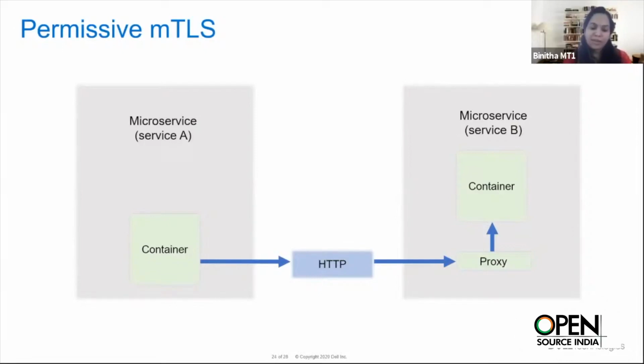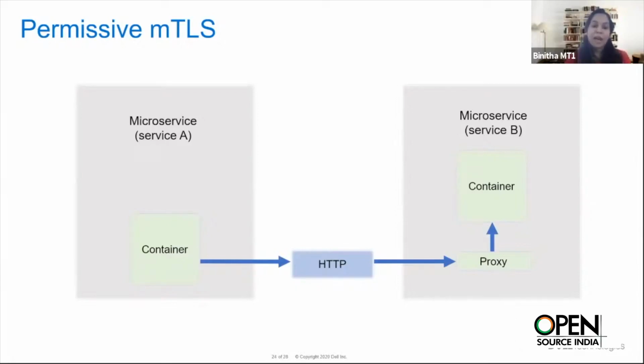When I talk about pods, it need not be necessary that all pods are in the same rack or the same building. That's not possible, right? They can be across the world in different zones. So how do you make sure you have a secure connection? In the permissive case, you don't really need encrypted traffic or an encrypted request.